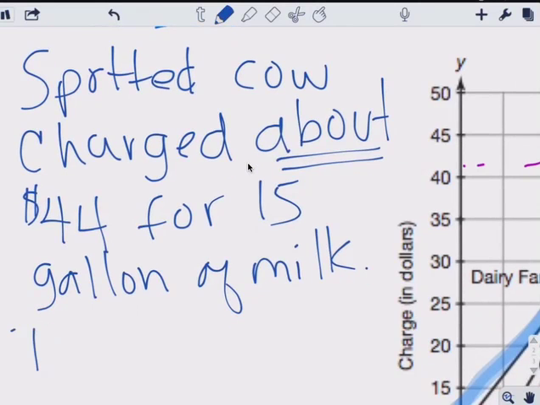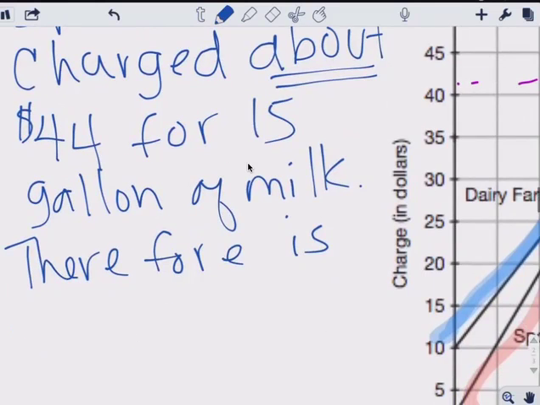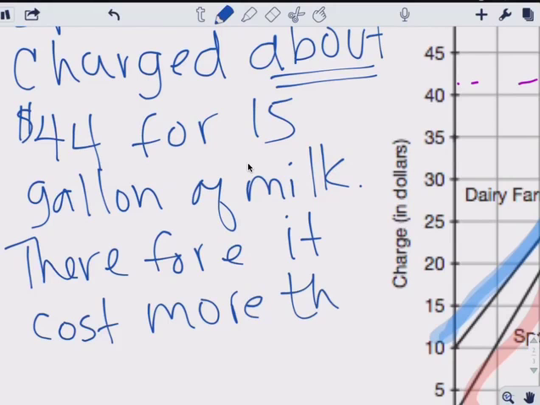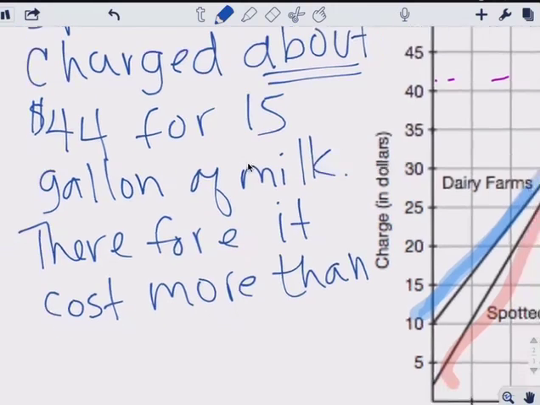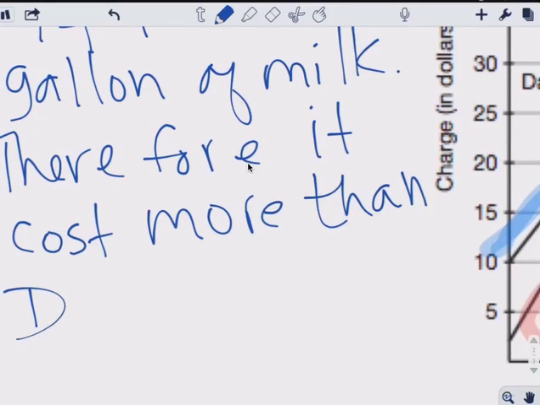Therefore, it costs more than Dairy Farm.